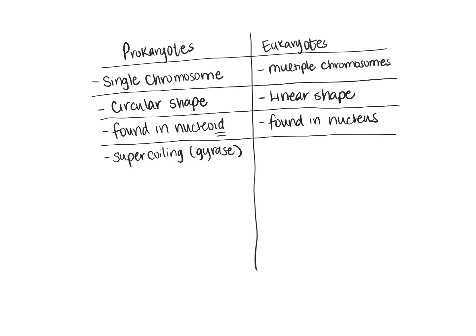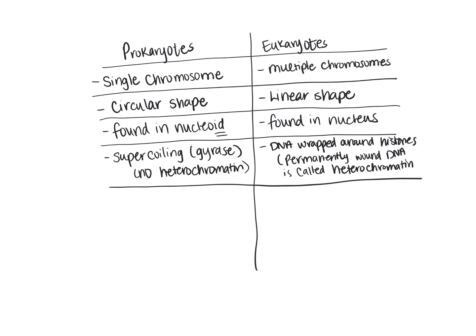Now, in eukaryotes, it is much more coiled up, to the point where you can form something known as heterochromatin, which is DNA that stays constantly wound and is never expressed. But with eukaryotes, it's not the enzyme gyrase that helps. The DNA is going to be wrapped around proteins called histones. And that's a way to distinguish between prokaryotic and eukaryotic DNA.